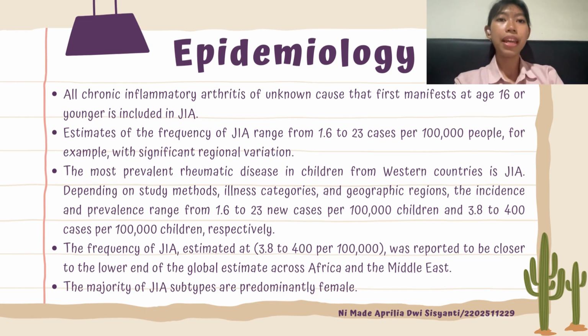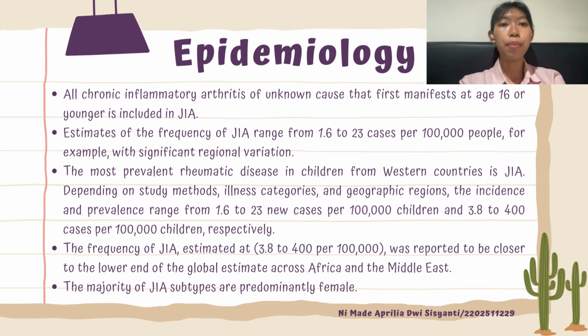Hello everyone, my name is Nadia Aprilia Sisyanti with the last 3 digits of student number 229. I will explain about the epidemiology. All chronic inflammatory arthritis of unknown cause that first manifests at age 16 or younger is included in JIA. Estimates of the frequency of JIA range from 1.6 to 23 cases per 100,000 people, with significant regional variation.